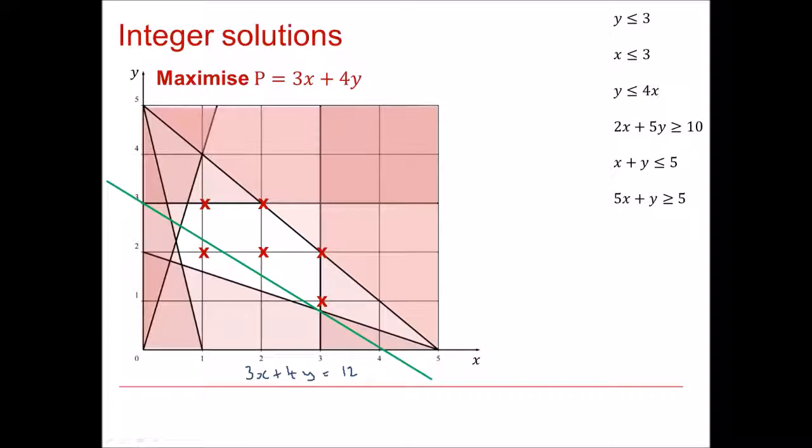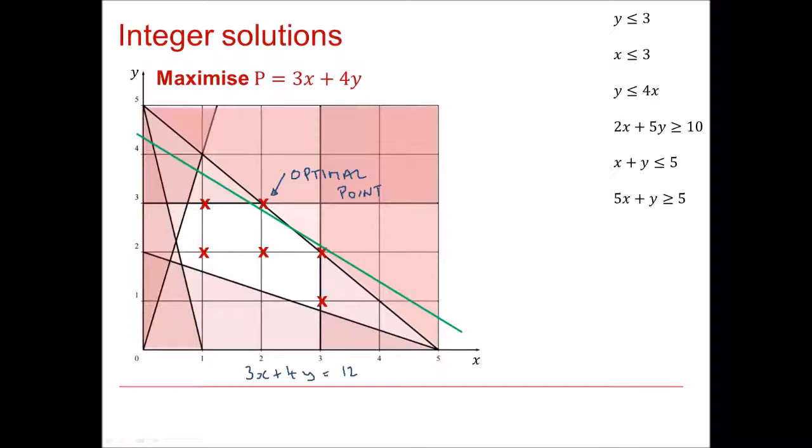Now we can move parallel to that, so that if we want to maximize, then the line moves away from the origin, towards the top part of the feasible region, so that the last point that it exits from is here. So this is our optimal point, which for maximizing in that particular question happens to be an integer.